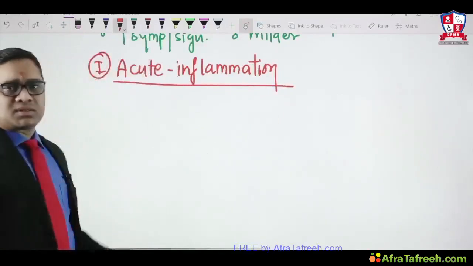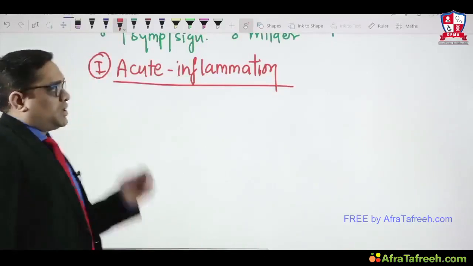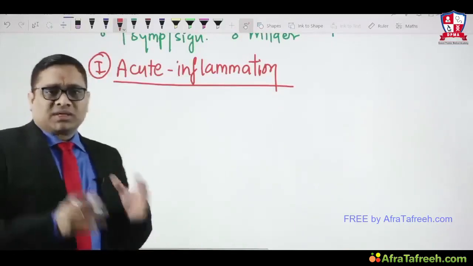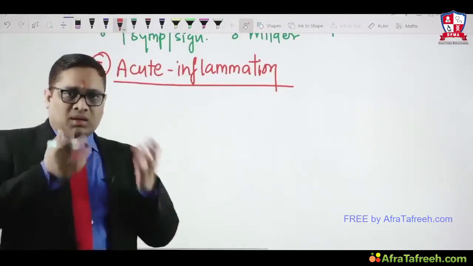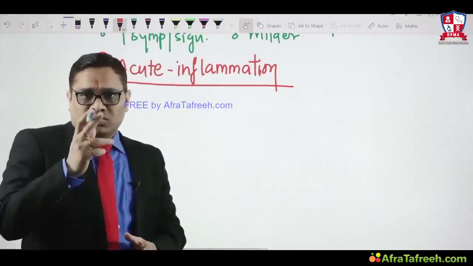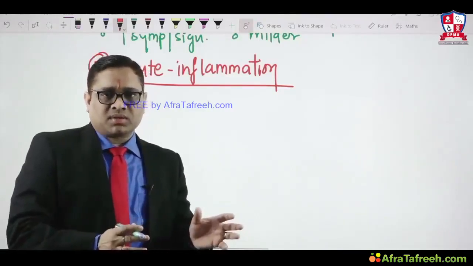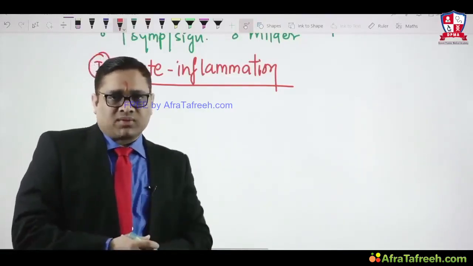Already we have discussed shorter duration, and neutrophil will be the dominant cell. So in acute inflammation, what are the events which will happen in our human body? We are going to discuss in two headings: cellular events of acute inflammation, and vascular events of acute inflammation.